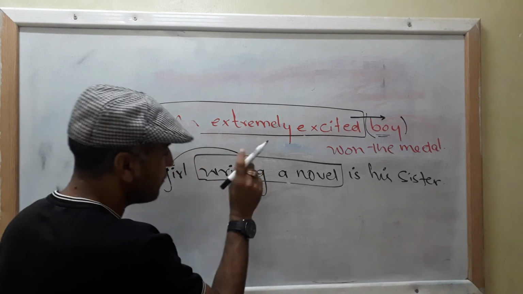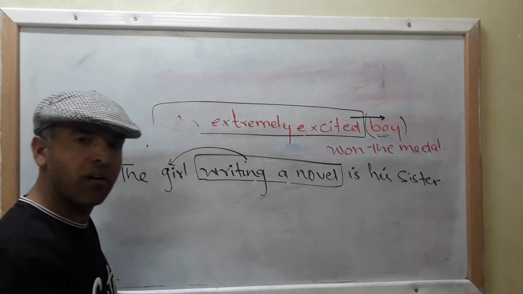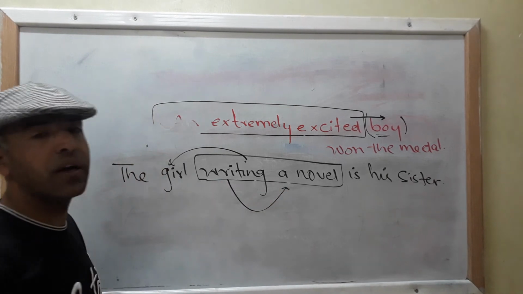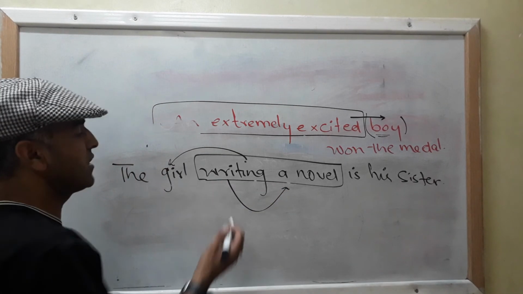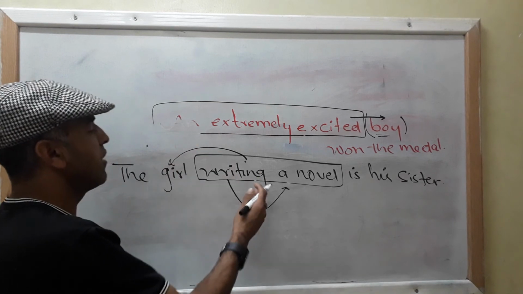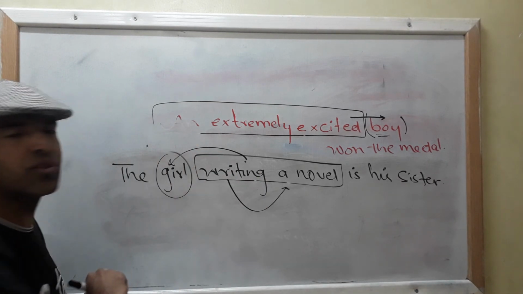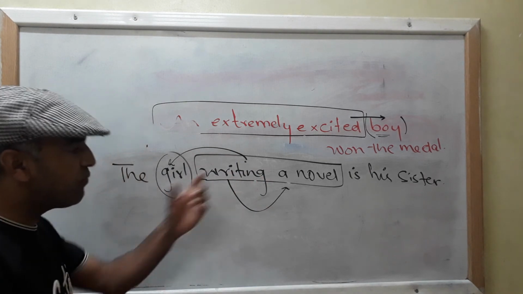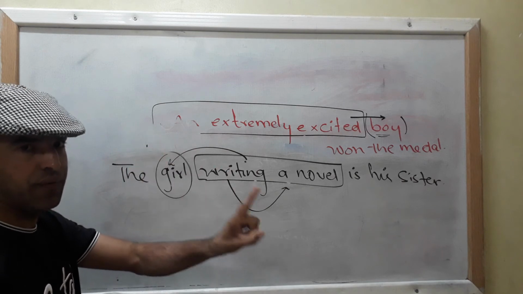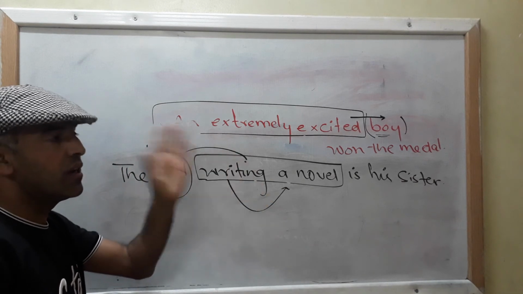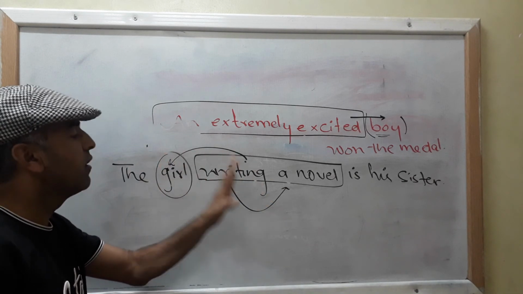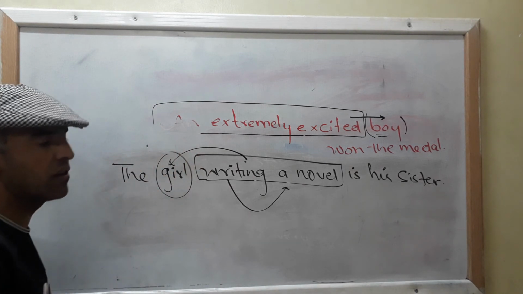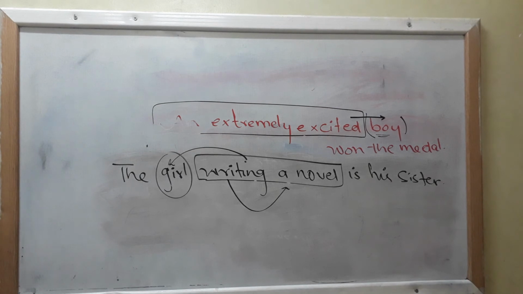But we don't find here any adjective at all. But this is performing the function of an adjective phrase, because it is telling you something about your noun, that is a girl. So sometimes we don't find any adjective in an adjective phrase, but that adjective phrase is functioning as an adjective in a sentence. It is providing you information about your noun in a sentence.